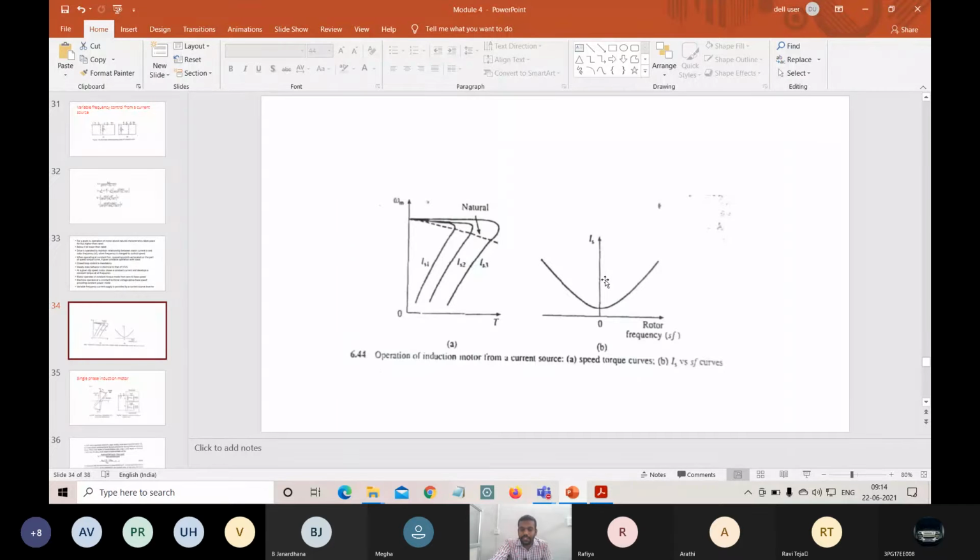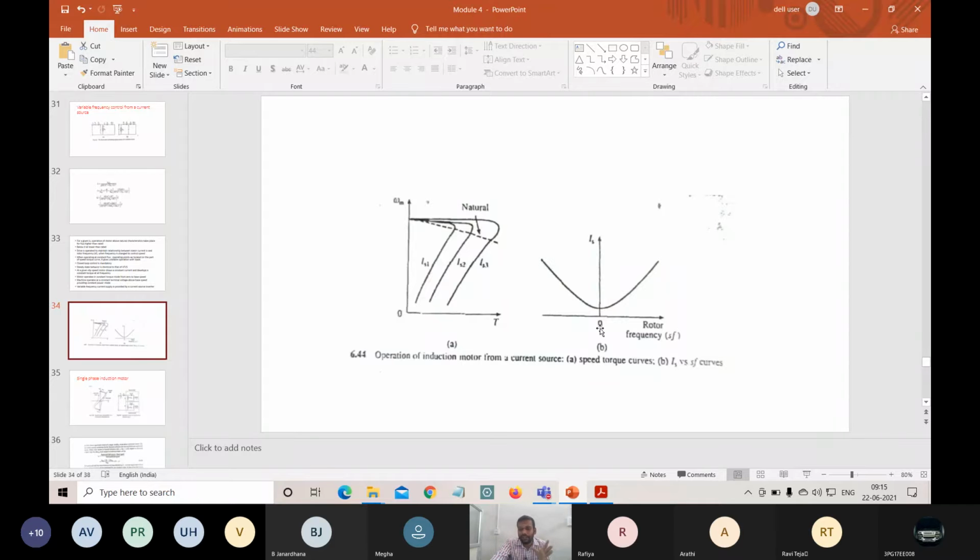So when frequency is changed to control the speed, if you want to control the speed of any motor, how is it going to affect the rotor frequency? That we are going to analyze here. For one particular case, just consider IS. IS is minimum at rotor frequency SF equal to 0.